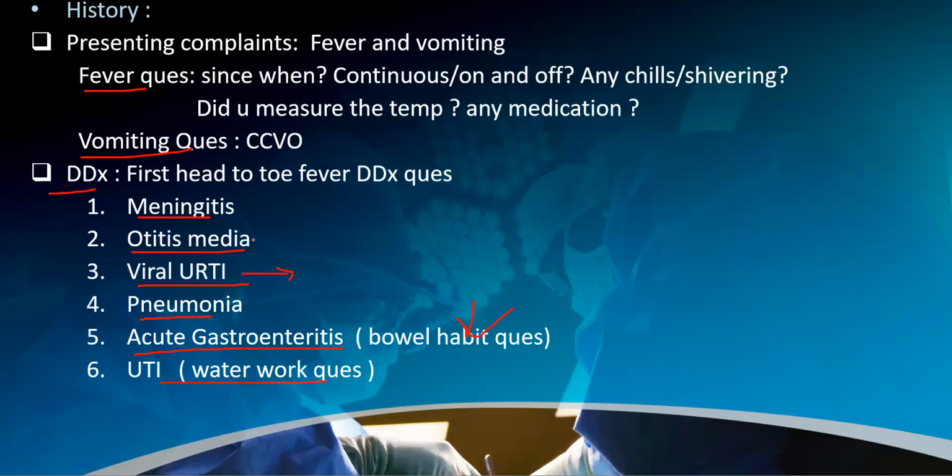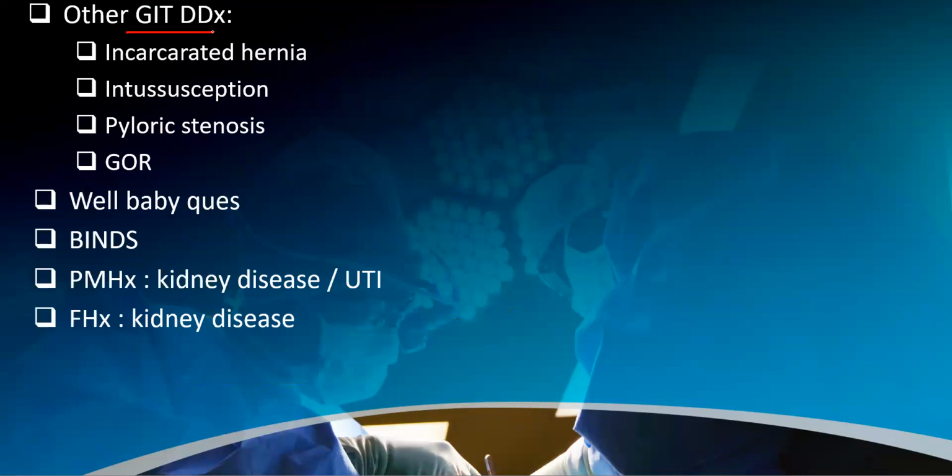Once you are done with your infection-related source questions, you can ask other GIT-related vomiting questions, like incarcerated hernia questions and intussusception questions. For pyloric stenosis or gastroesophageal reflux, we don't have any specific question; these will be covered in the vomiting questions.